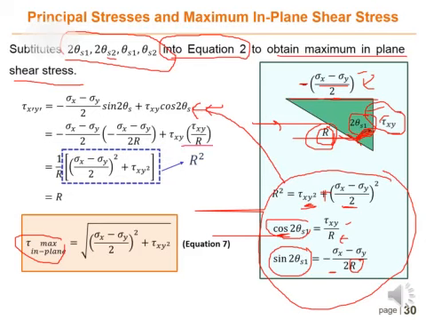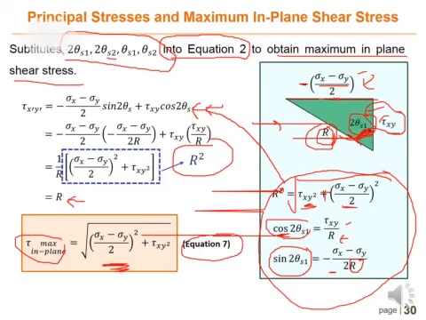So this is r squared, and we can simplify it to r. So r is equal to the square root of tau xy squared plus sigma x minus sigma y divided by 2, squared. This is the maximum in-plane shear stress, and we represent this as equation number 7.